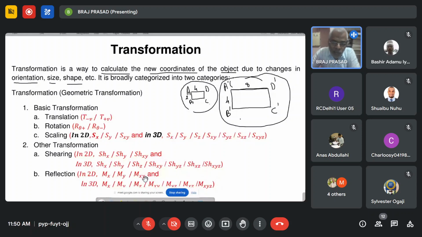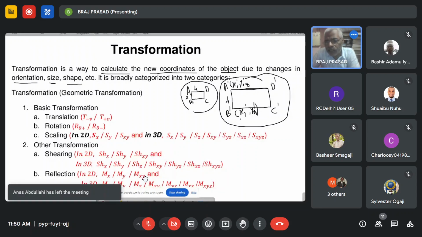Suppose the coordinate of A is x1 y1, B is x2 y2, C is x3 y3, D is x4 y4. Then the coordinate of A dash becomes x1 dash, y1 dash, and the coordinate of B dash becomes x2 dash comma y2 dash.